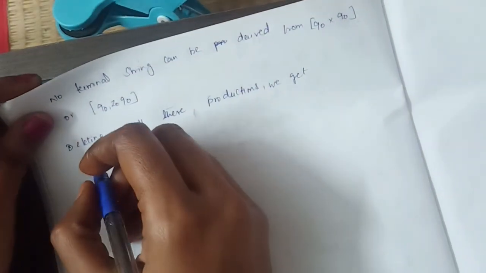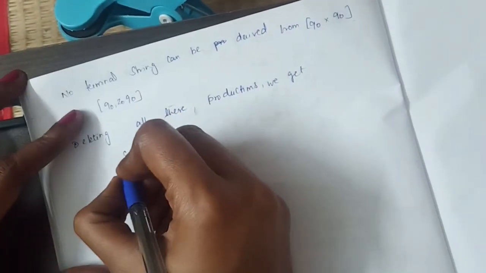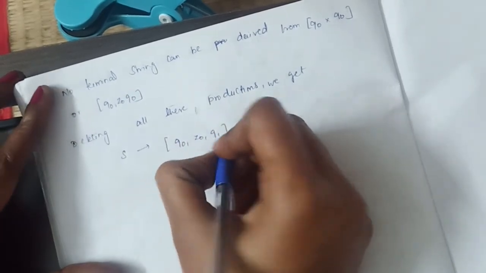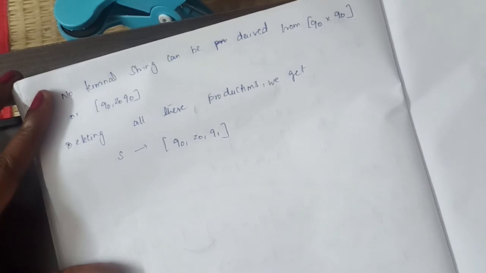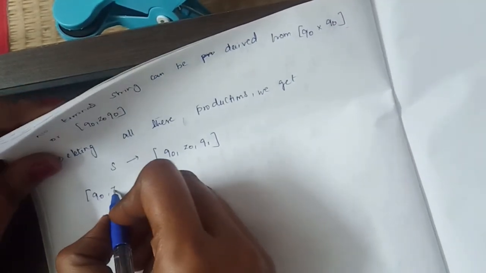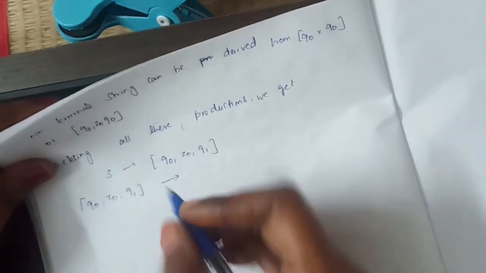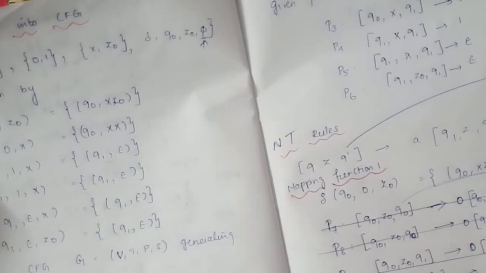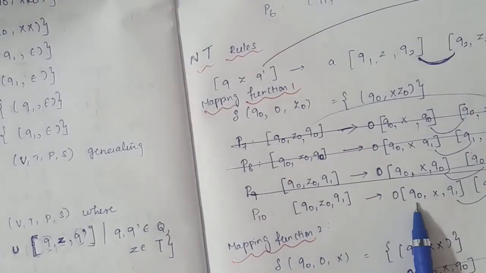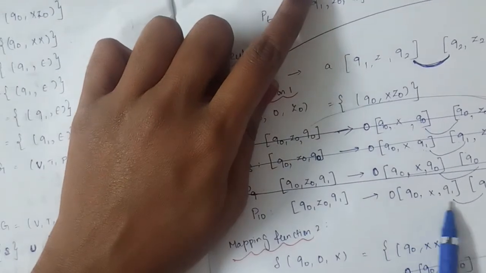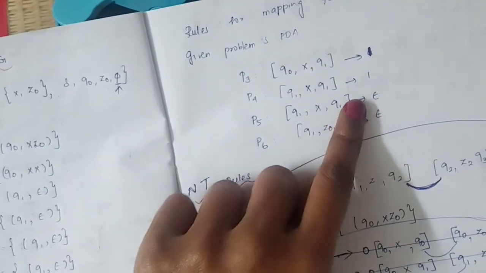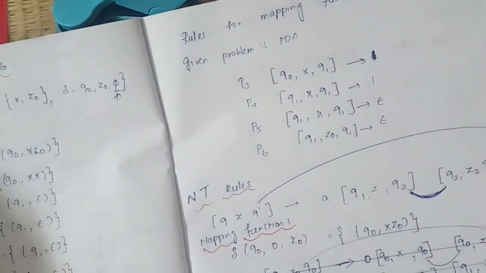So relating all these productions we are getting S tends to q naught, is it not q1. After that we have q naught, is it not q1. So see what is left now. For this we will get q naught x q1, which is known as 1, and q1, is it not, which is going to be epsilon.